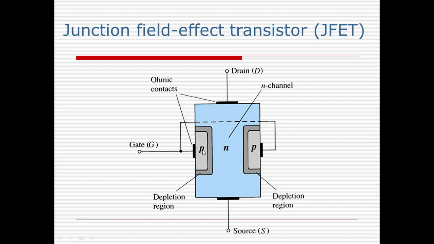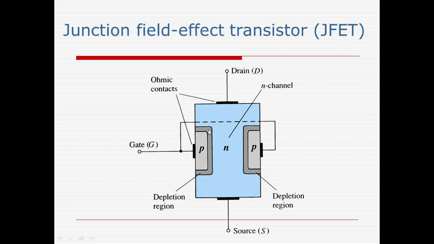One is this particular PN junction, the other PN junction is over here. Since there are two PN junctions, there will be two depletion regions. This is one depletion region, this is the other depletion region.